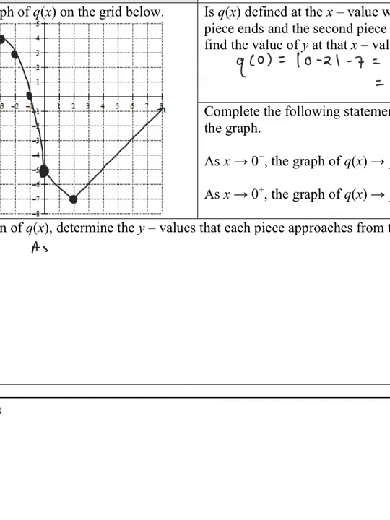As x approaches 0 to the left, we have Q of x being equal to, well, if we're approaching from the left, then we use the quadratic equation. So we have negative 0 plus 3 squared plus 4. All right?